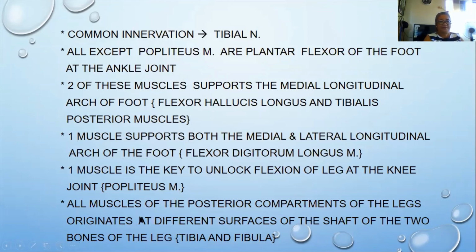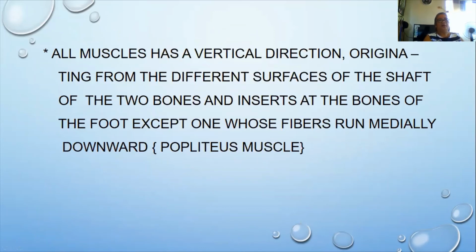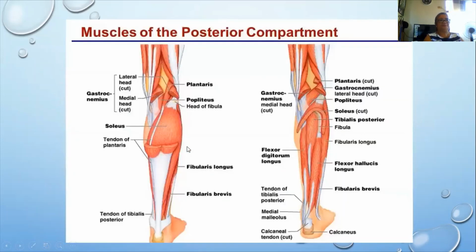All muscles have a vertical direction, originating from the different surfaces of the two bones and inserting on a bone of the foot, except one whose fibers run medially downward. This is your popliteus muscle.